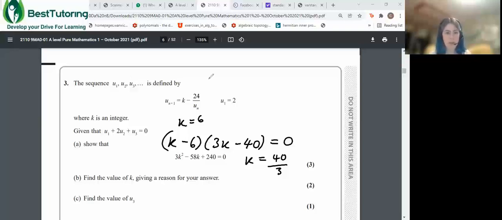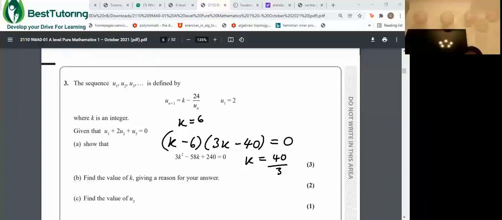I think it was K minus 24 over K minus 12 or something like that. Okay, great. So Sonali, what did you get for U3 then, please? 10. Yep, brilliant.